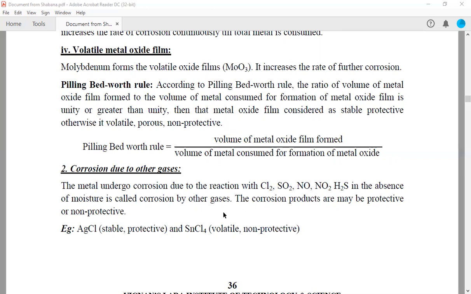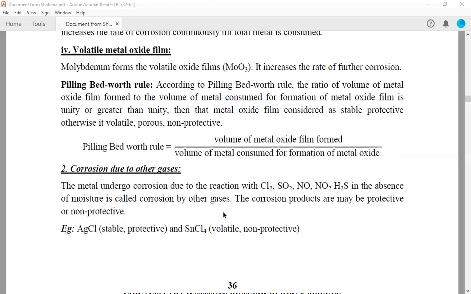Hence, it is a protective film. For example, the attack of chlorine gas on silver produces an adherent, non-porous silver chloride film, which is protective.